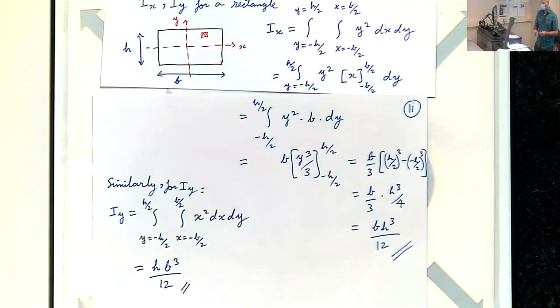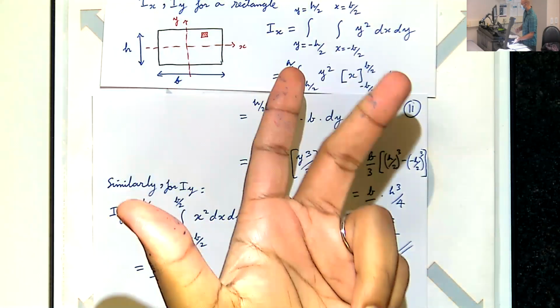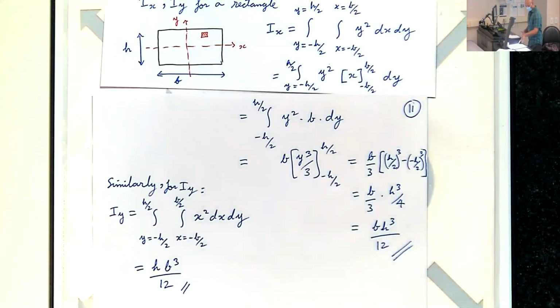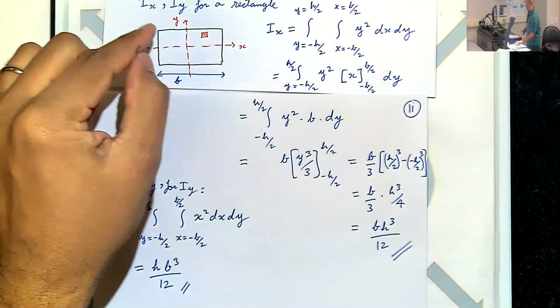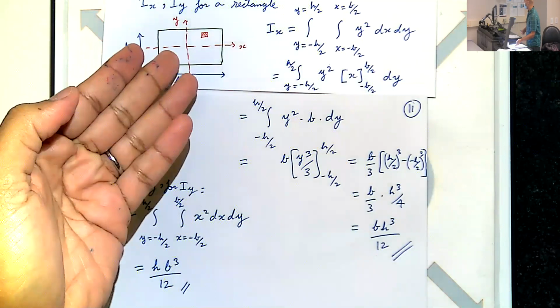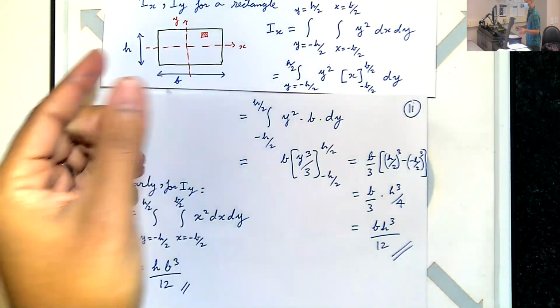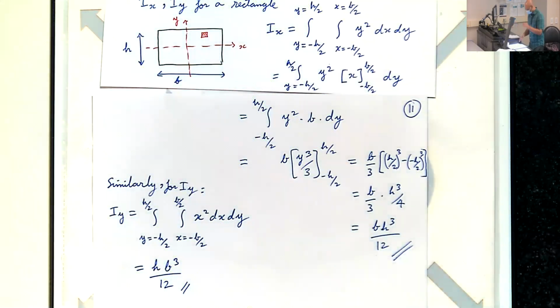Can we do the same thing numerically? What would you change? Yeah, instead of integrals, we do two summations. There are, let's say, a few hundred small tiny cuts, and we have to sum them all up, all right?